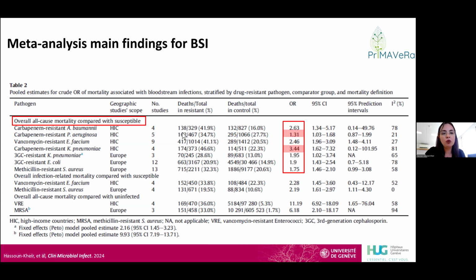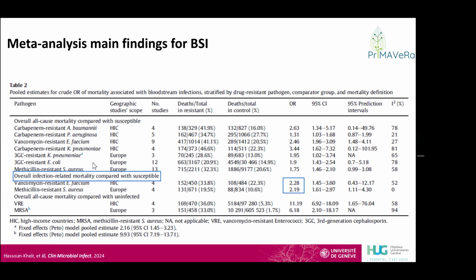So if we look at all-cause mortality of resistant versus susceptible infections, we find the attributable burden in the scientific literature to be very variable across different pathogens. As you see here, it ranges from 3.4 for carbapenem-resistant Klebsiella pneumoniae bloodstream infection compared to a bloodstream infection due to a susceptible pathogen, to 1.3 for Pseudomonas resistant to carbapenems.